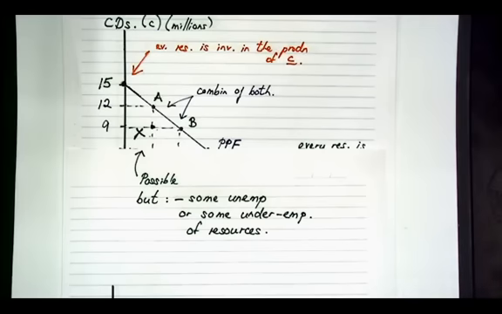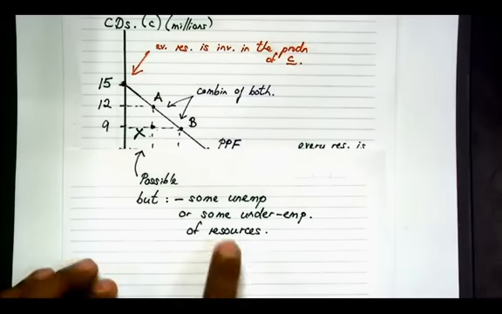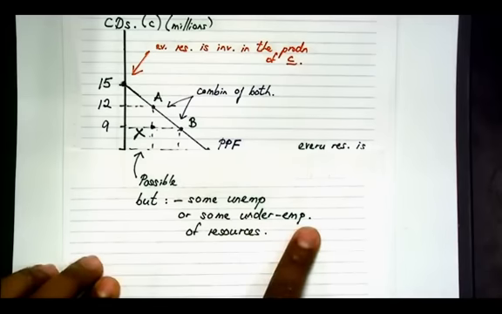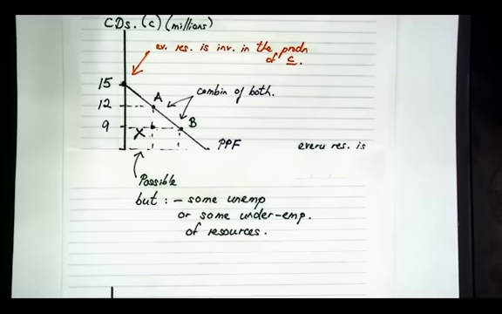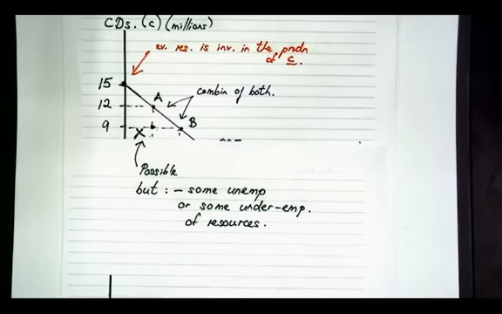Maybe a worker wishes to work 5 days a week, but they're working 3 days a week. Maybe someone wants an 8-hour shift and they've only got a 4-hour shift. That's underemployment. Unemployment is when there are resources which are not being used, full stop. So X is possible, but we have some unemployment or underemployment.